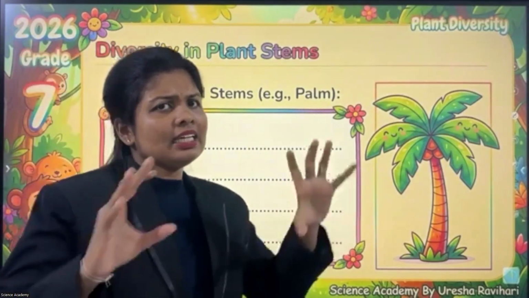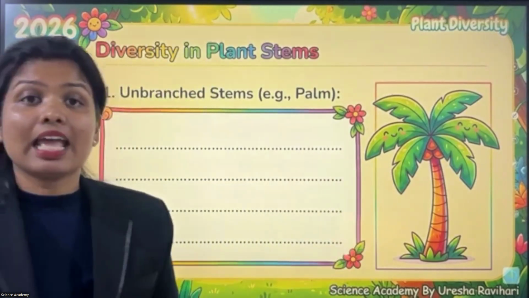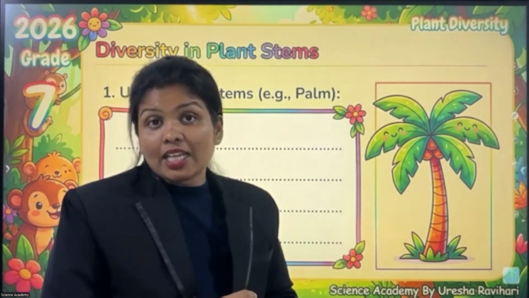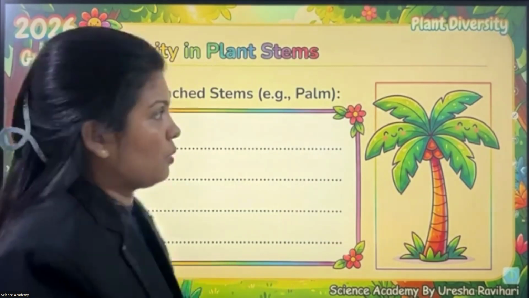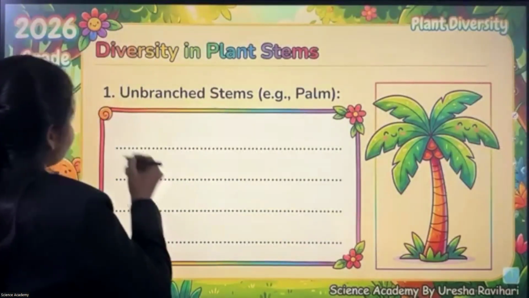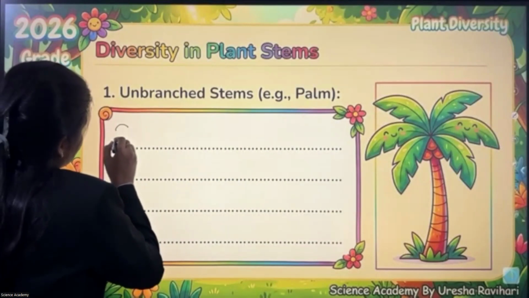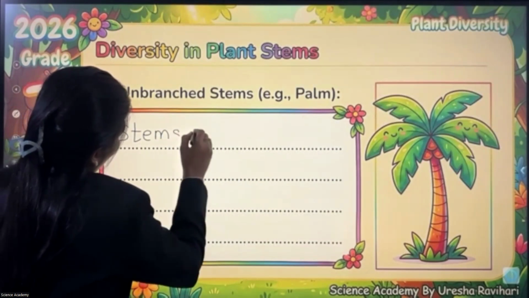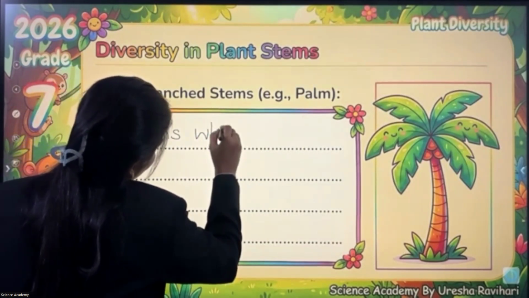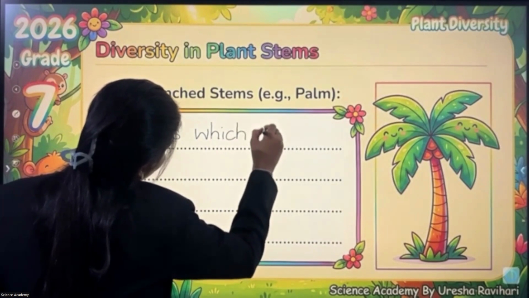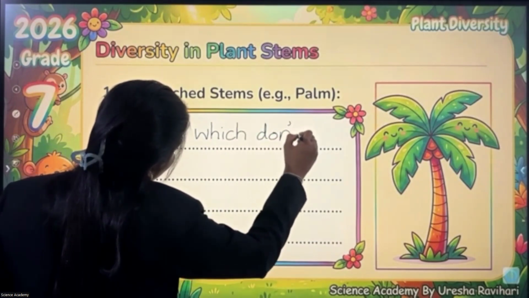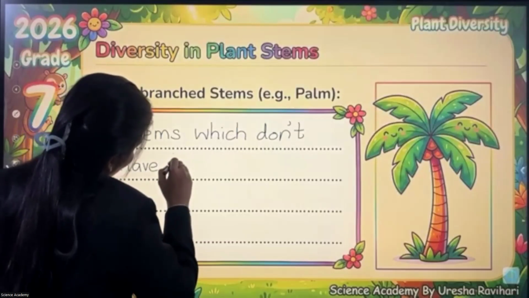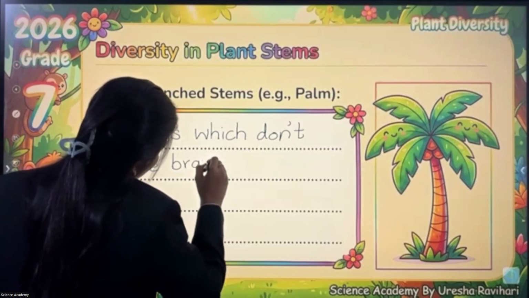Right. Write it in the space available on page number 8, because I have not given space to define branched stems and unbranched stems. Unbranched stems: stems which don't have branches.